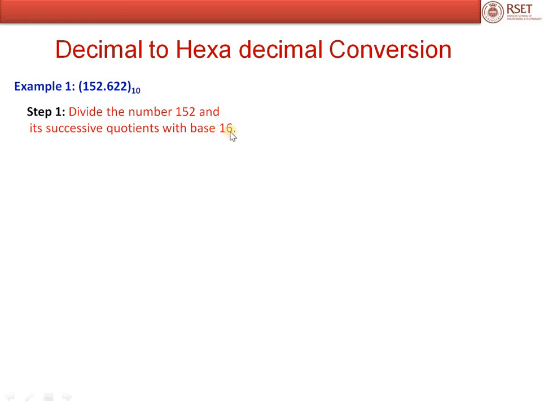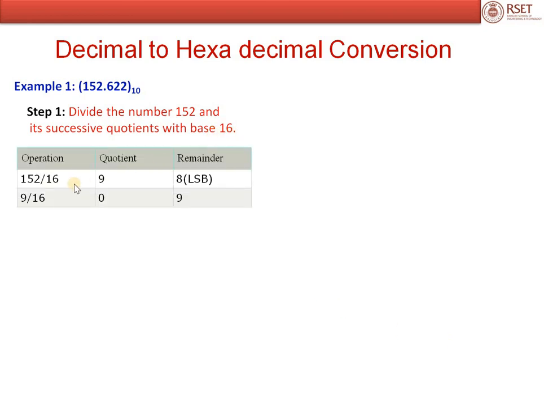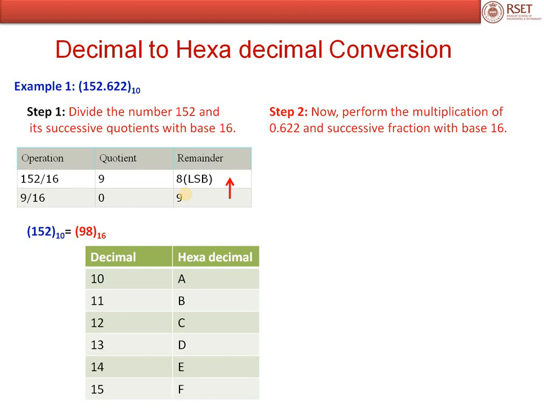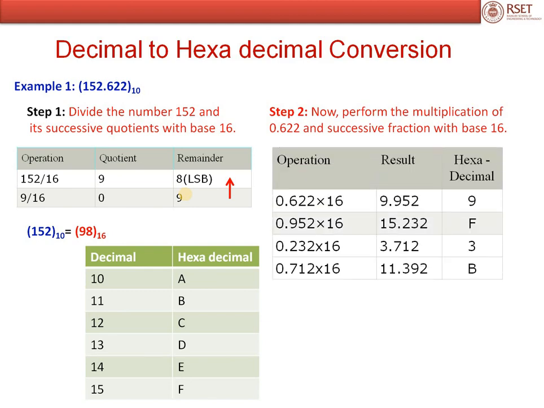So dividing this number by 16, we get 98. Now for the fractional part we are multiplying, and here we round to 4 digits. So here we will stop.